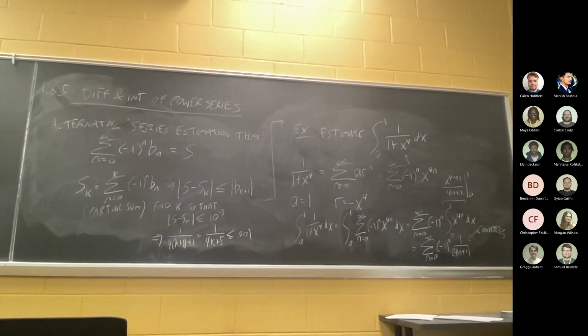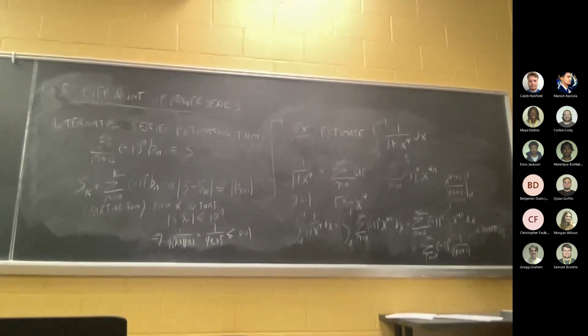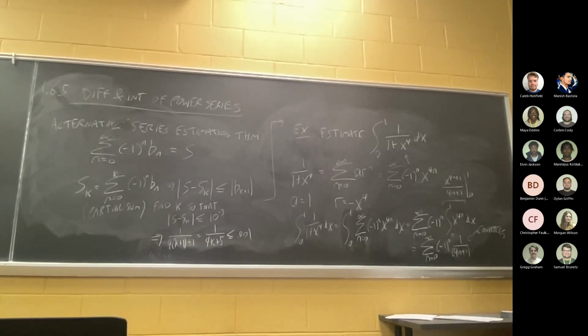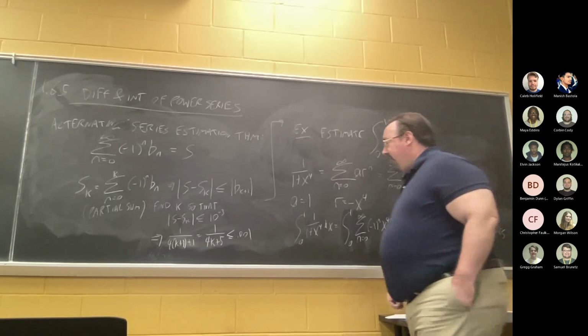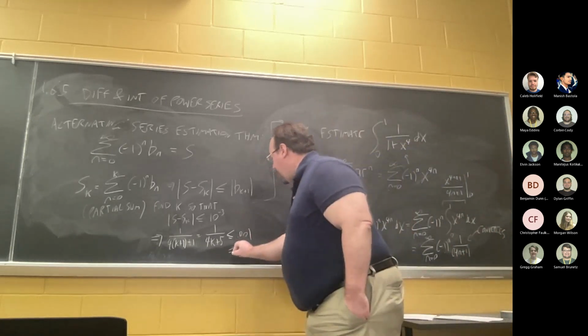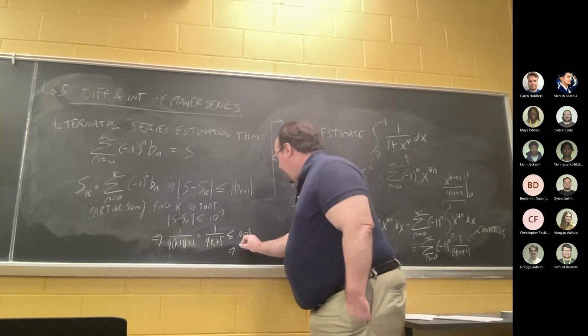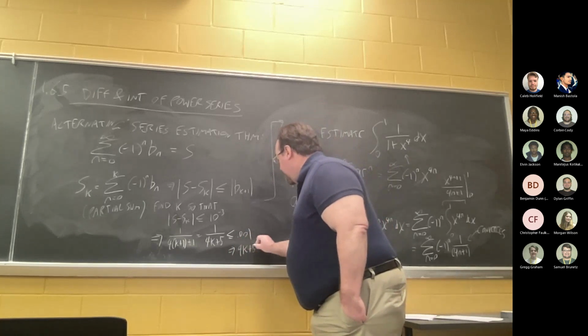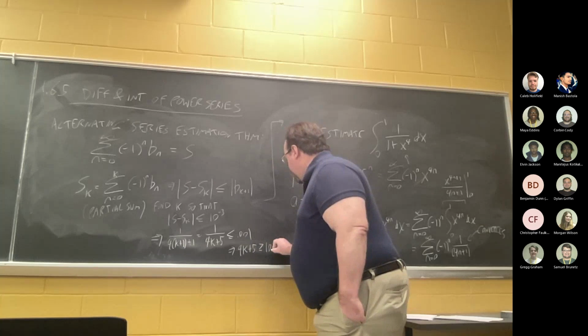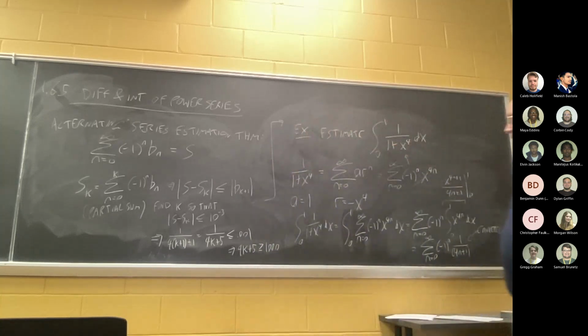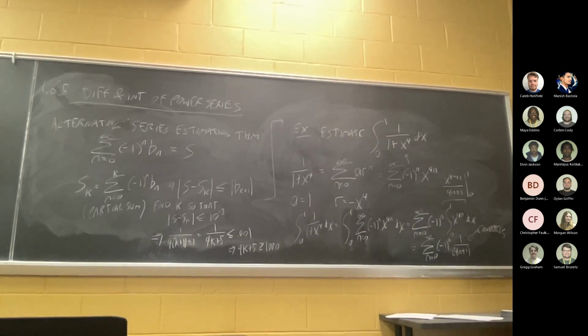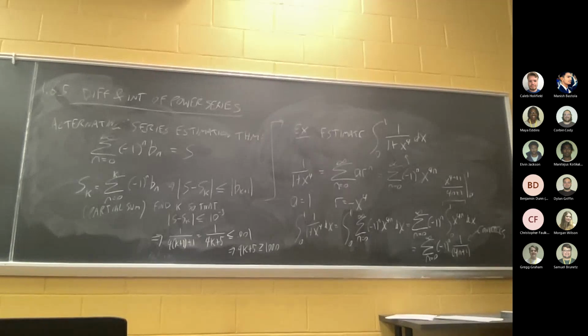So I just have to solve that inequality for k, and that'll tell me how many terms I need to make sure that I have that much accuracy. Now, if I rearrange this inequality, that tells me that 4k+5 must be greater than or equal to 1,000. So k is going to be roughly 249-ish.